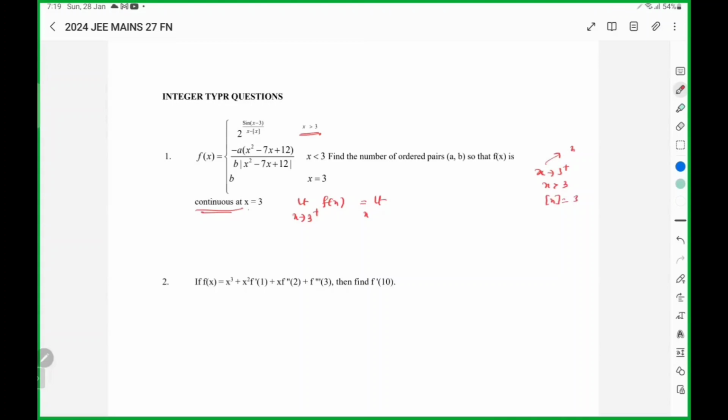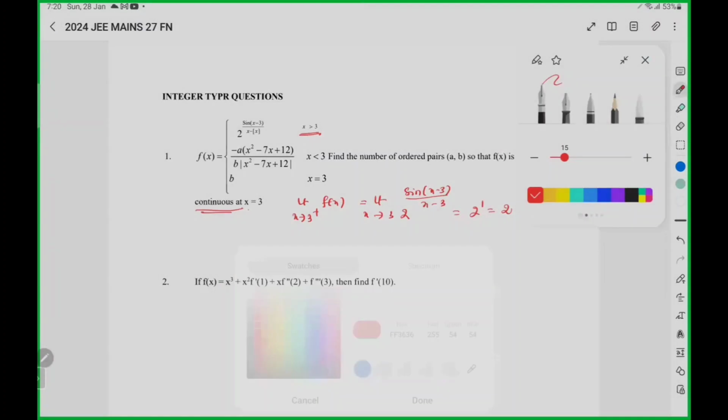For general x, there is no change. For step x, large changes will be there. Sine of x minus 3 by this, for 3 plus step x is 3, 2 power. So as x approaches 3, it is sin x by x format. It is approaching 1.